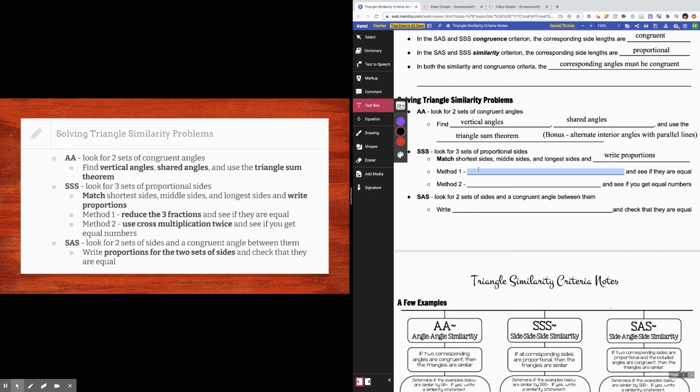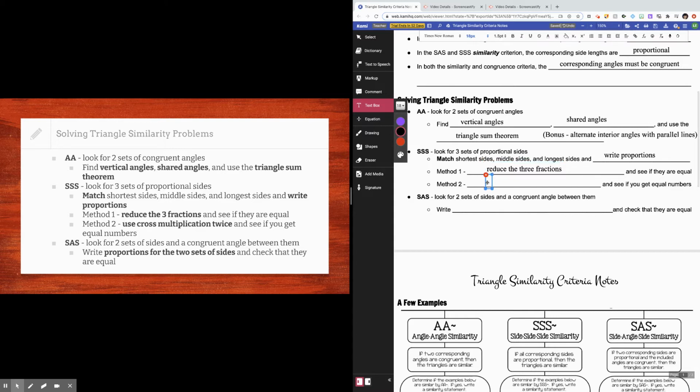And there's 2 methods that you can use to figure out if those sides are proportional. Method 1 is to write the fractions and reduce the 3 fractions to see if they're equal. All 3 have to be equal, right? If you have 2 that are equal and 1 that's not, then those triangles are not similar. All 3 of them have to be equal.